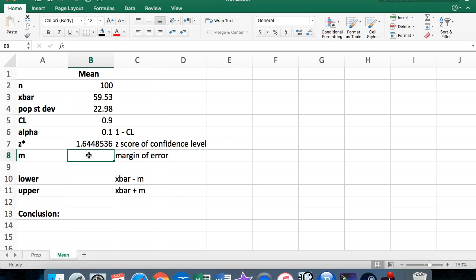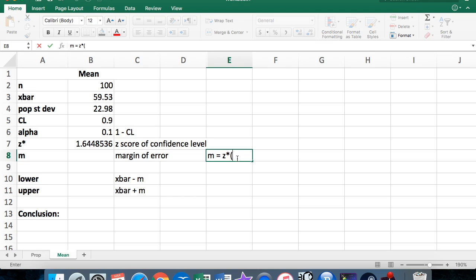Okay, so now we can find our margin of error. Now remember, this formula here is simply m is equal to your special z-score times your population standard deviation divided by the square root of your n. Remember, it's this guy. Okay?